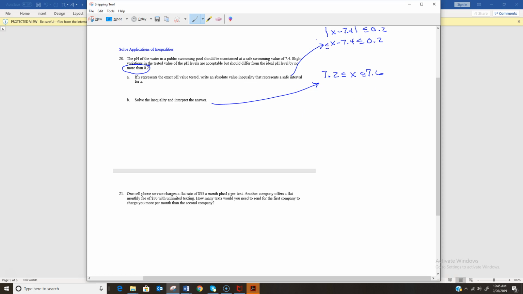So it has to be in between 0.2 and negative 0.2. In other words, it can't go more than 0.2 up or 0.2 down. And so then if I add 7.4 to both sides, 7.4 plus negative 0.2 is that 7.2 that we had here. And then I add 7.4 and 0.2 over here, and I get the 7.6. So I kind of jumped to that right away, but that's what they technically asked for.